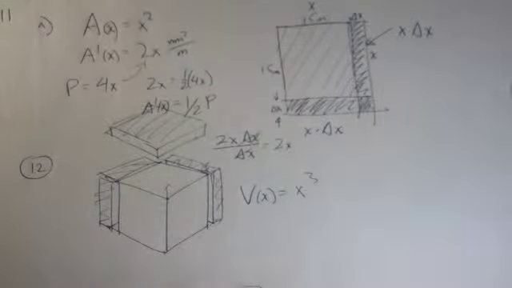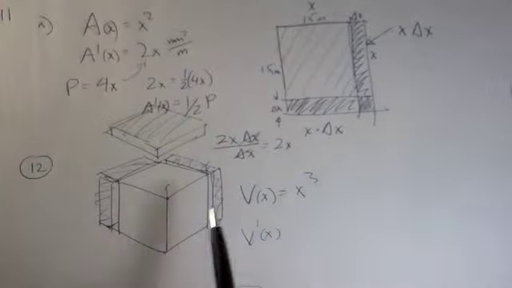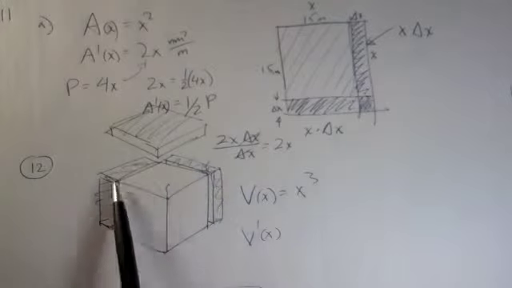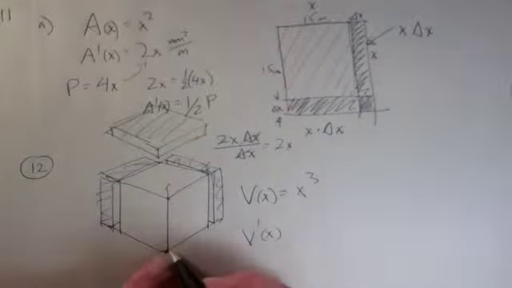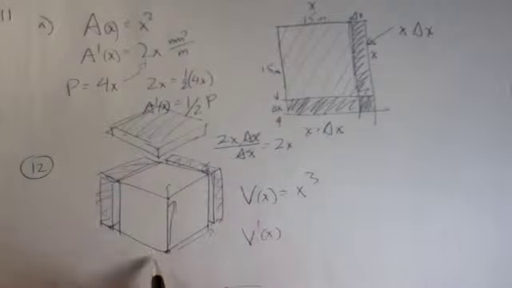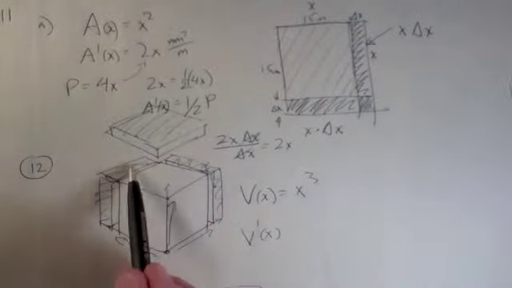I'll leave it to you to find what V prime of x is and all that. But if you think that these extra amounts are added on, you can pick any corner you want to grow away from. I've picked this corner as our reference point. It's growing away in that direction, and that direction, and this cube is growing away in that direction. You'd have these 3 surfaces.